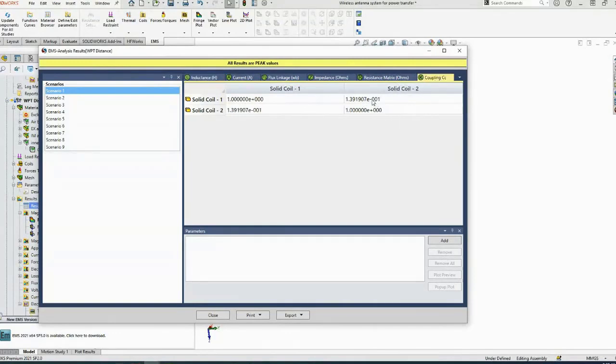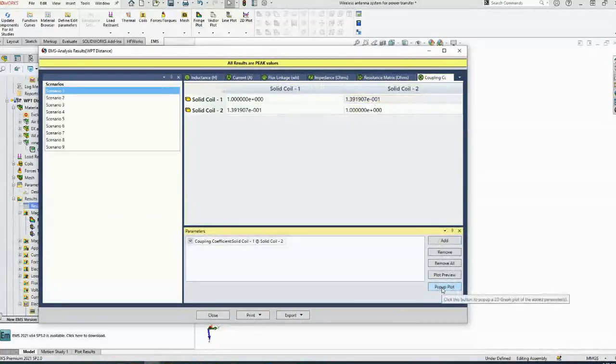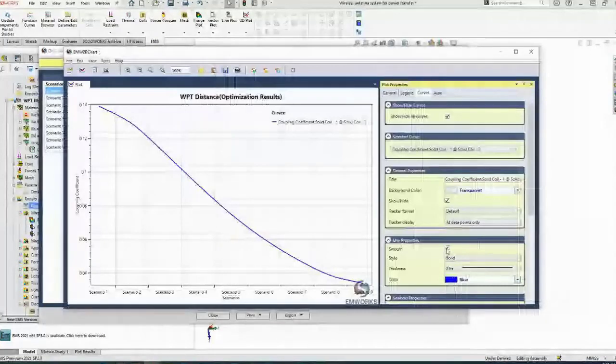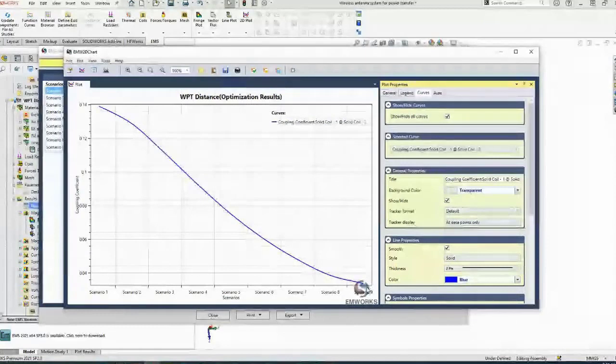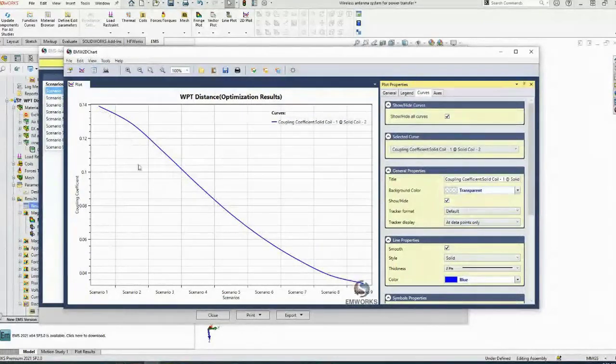Okay, so this tells you how much coupling takes place between the coils, the receiving and transmitting coil, and you can plot this as a function of scenario. As you can see, the further we get from the transmitter, the receiving coils, unfortunately, the coupling becomes smaller and smaller, as you can expect.